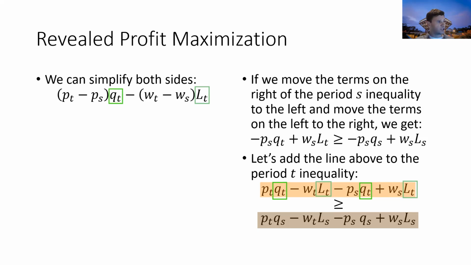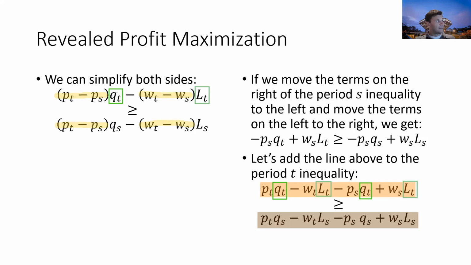And we can do something similar with the bottom expression as well, except instead of factoring QT and LT out, we're going to factor QS and LS out, very similar. And hopefully now you're starting to recognize that it looks like we have the difference in the prices between the periods, that I'm highlighting in yellow. Those terms look like they're the same on both sides of the inequality.